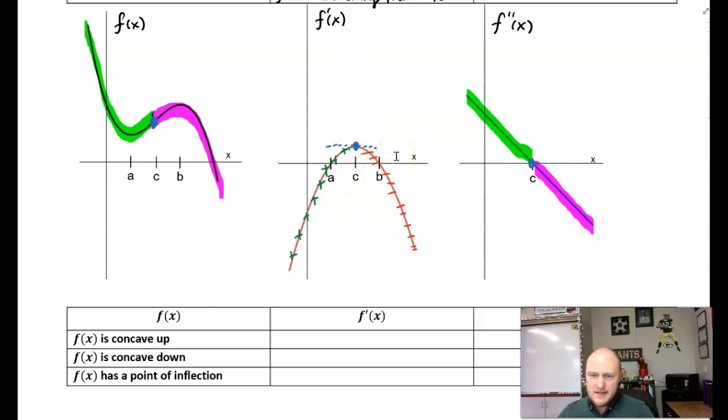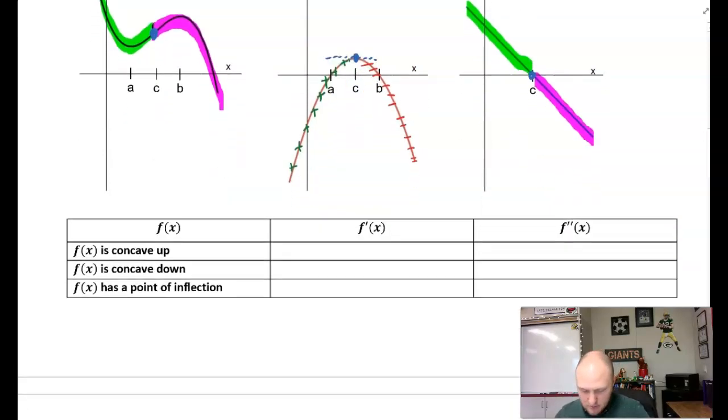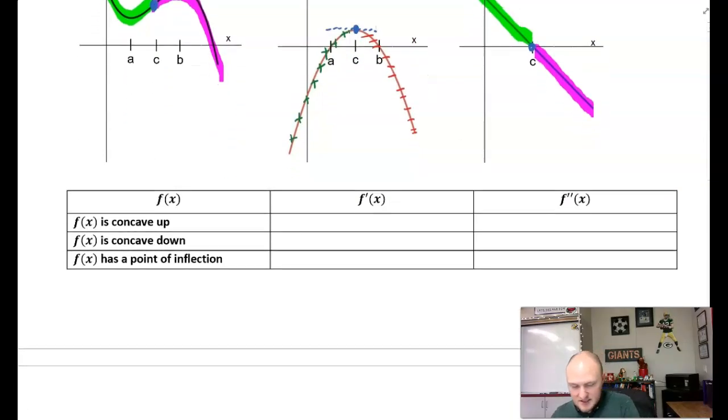Okay, so let's summarize in our table. If f of x is concave up, that means that f prime is increasing and f double prime is greater than 0.